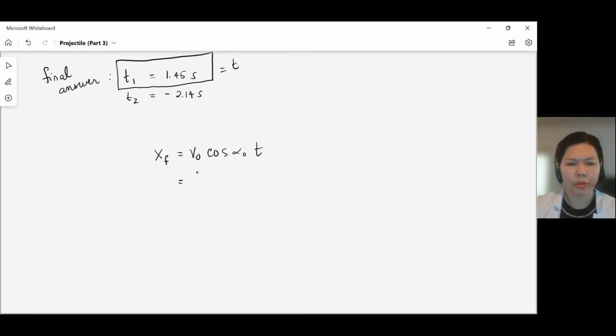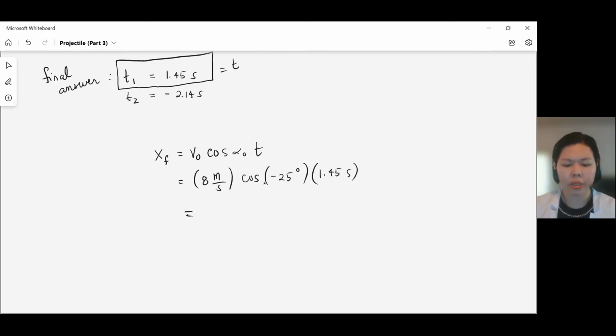So we now substitute. v naught is 8 meters per second, cosine of negative 25 degrees, and the time is 1.45 seconds. 8 times cosine negative 25 times 1.45. You should get an answer of 10.51 meters.